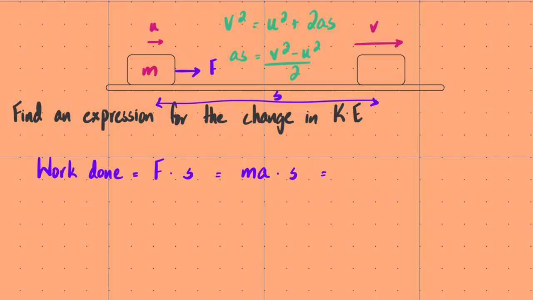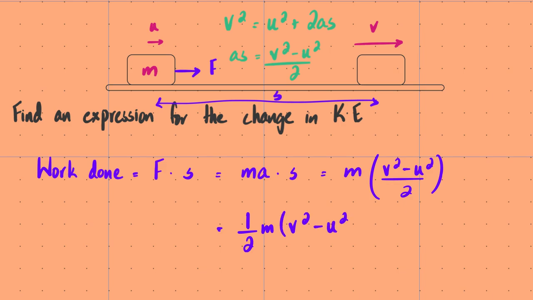So here I'll write m into v square minus u square over 2, which I can then also write as half m v square minus u square.